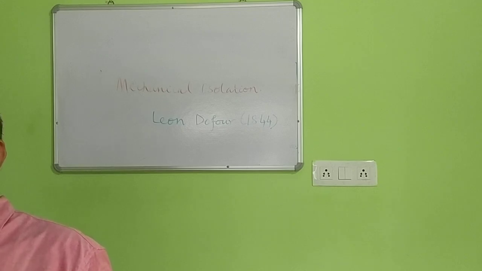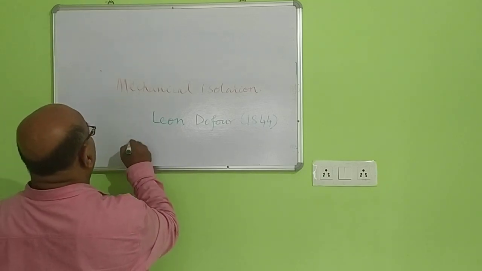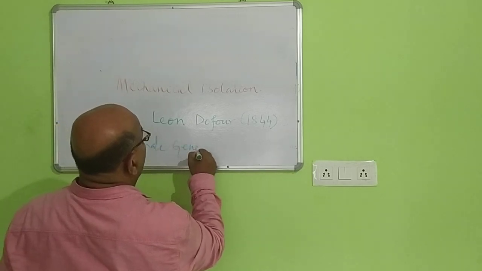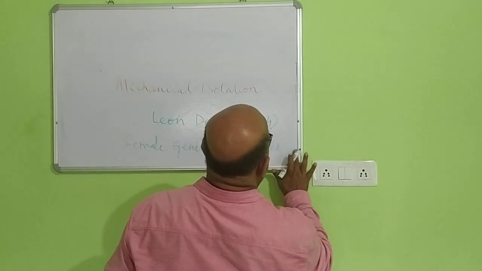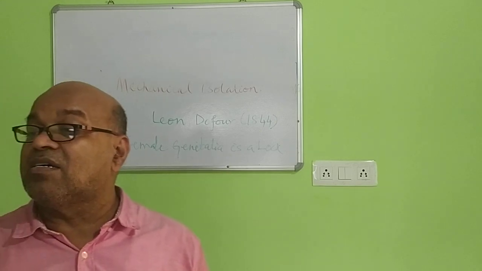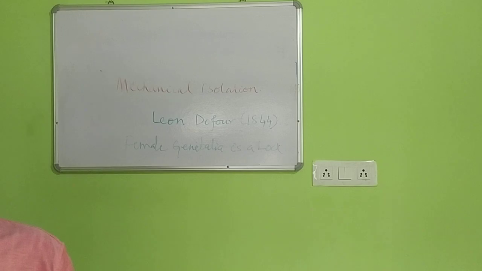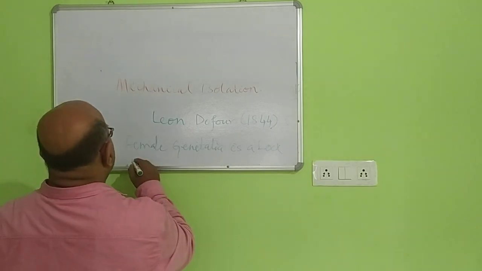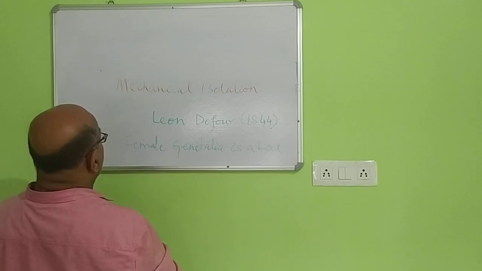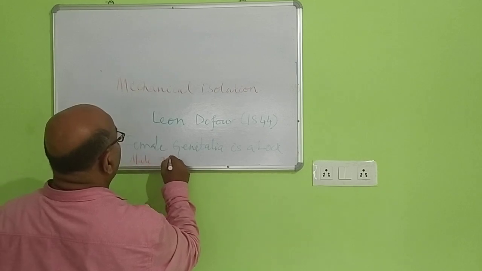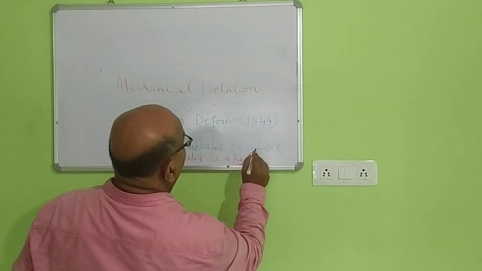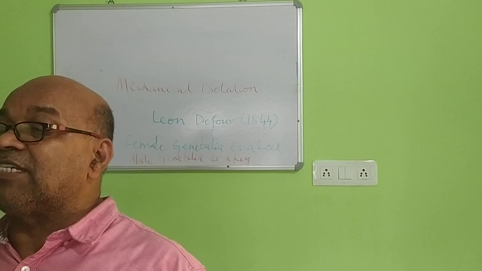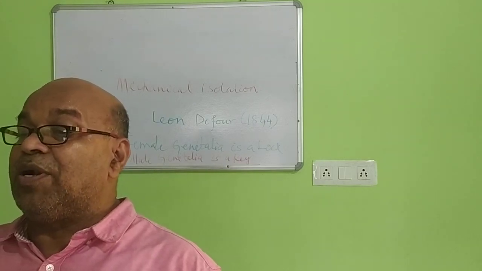So the female genitalia is a lock, L-O-C-K, and the male genitalia is the key. This concept is known as the lock and key theory, which was proposed by Leon Dufour.